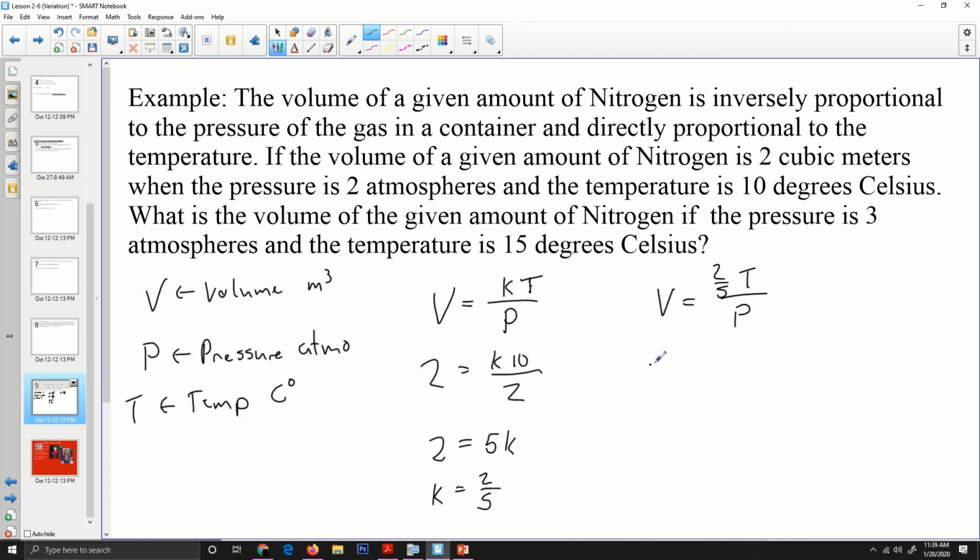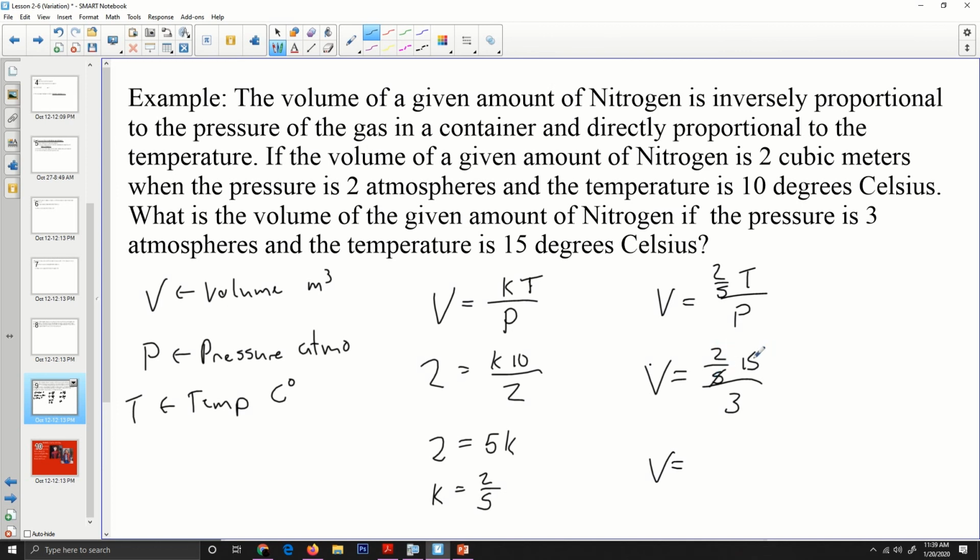And so what I'm going to do is, it says, what is the volume? That's what I'm looking for. So V is what I'm looking for. The pressure is 3 atmospheres, so 2 over 5. We'll put a 3 in for P, and then we'll put a 15 in for T, and let's see if we can simplify that ourselves. 2/5 times 15.